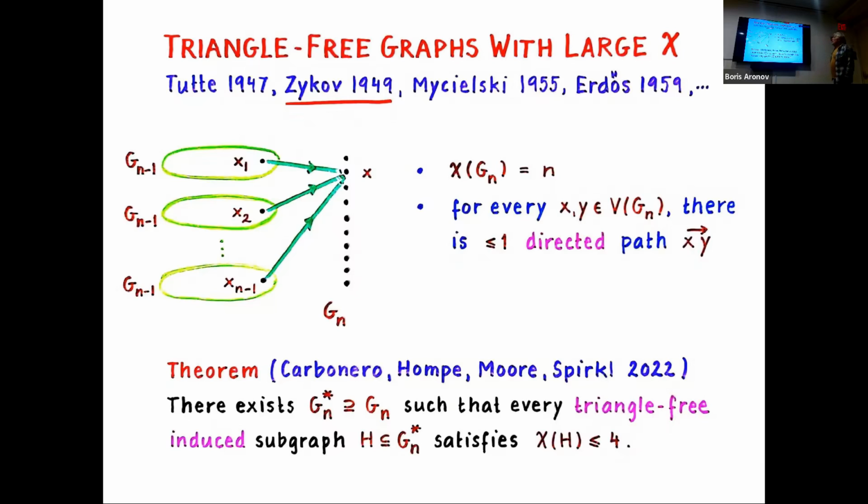And we do it in such a way that if you look at a triangle-free subgraph of this new graph, then its chromatic number will be at most 4. That will be a contradiction, because then it would mean that we found graphs whose chromatic numbers are arbitrarily large, but for triangle-free induced subgraphs, it's always induced. So I tell you how we do that.